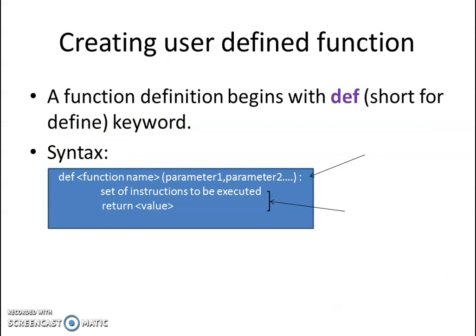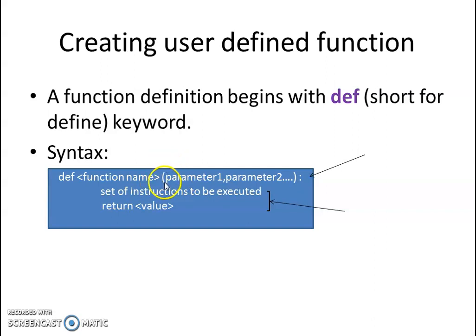When we define functions in Python, the definition starts with the def keyword. This is one of the Python keywords as we discussed in one of the videos, so def should be used as it is. First we write def in small case and then the function name, and this function name must be a valid identifier name. We already discussed the rules used to name identifiers.